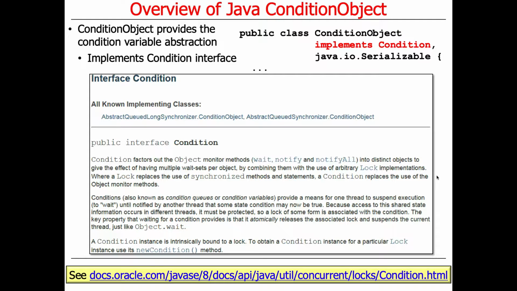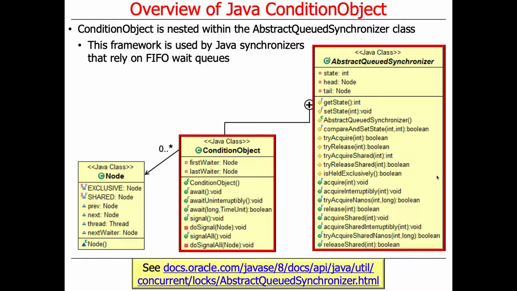And this particular class implements the condition interface, which is one of the core lock interfaces that are available. And internally, it uses that abstract queued synchronizer framework that the ReentrantLock and semaphore used in order to be able to manage some of the details of how things work.